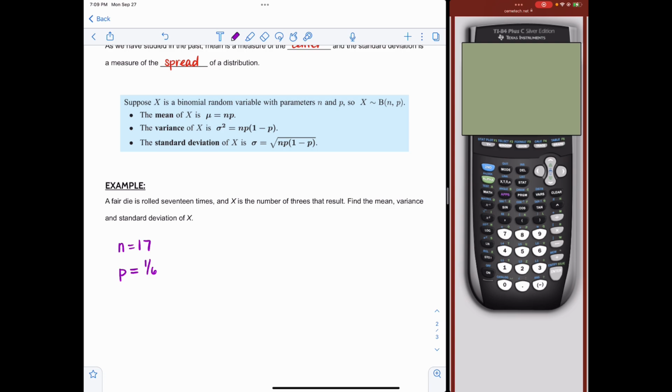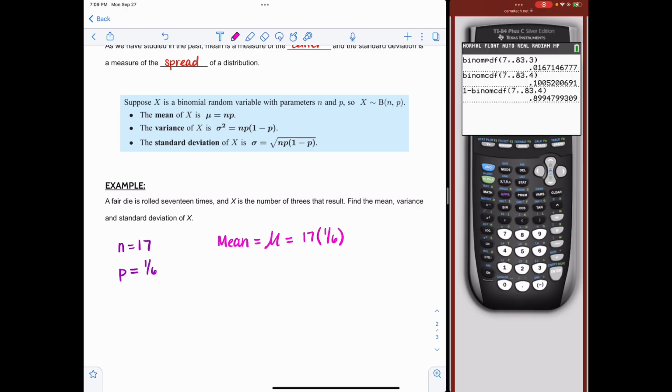So if I want to find the mean, remember that is the Greek symbol mu, which is equal to N times P. So I'm going to do 17 times 1 over 6, and I end up getting 17 over 6.